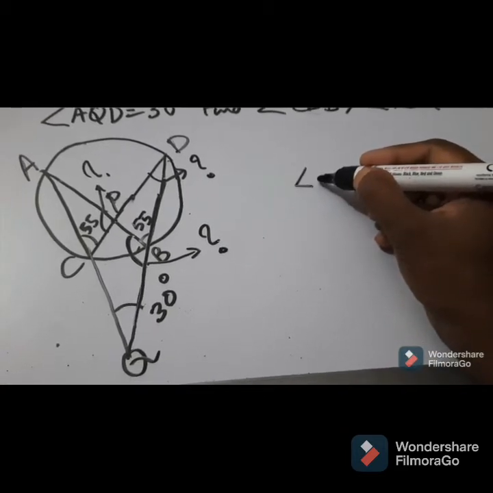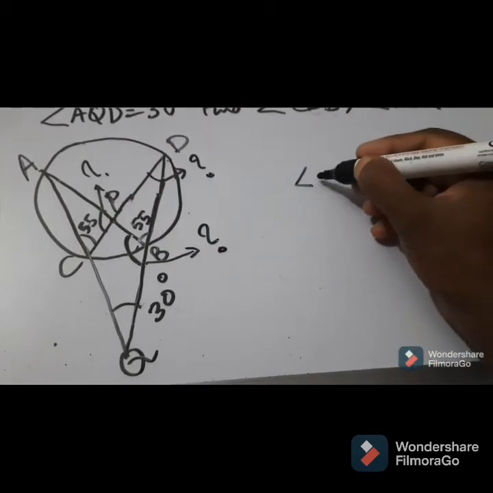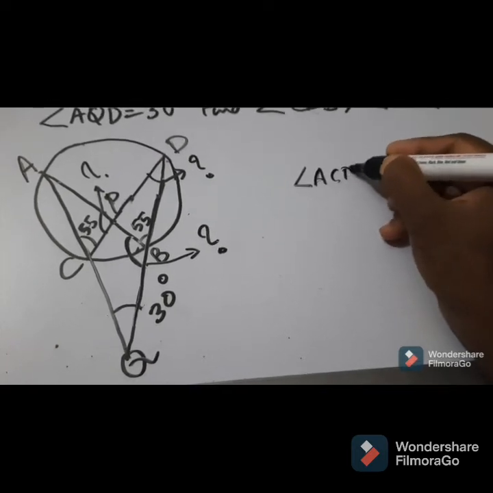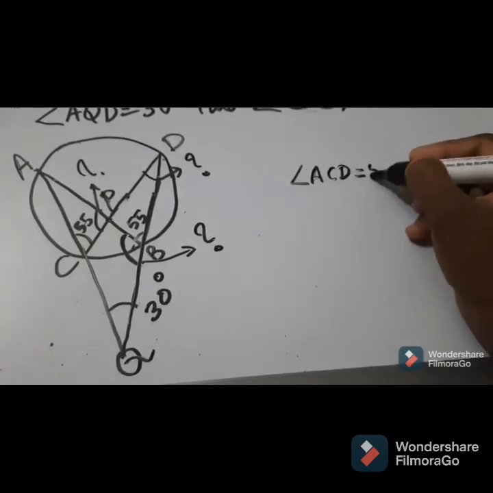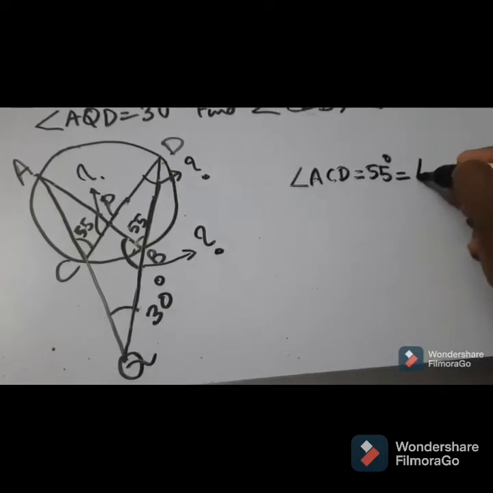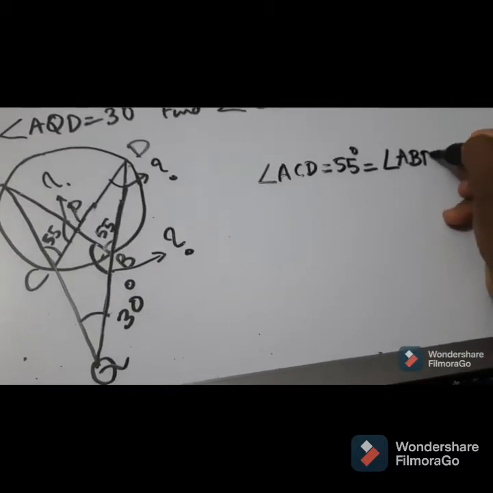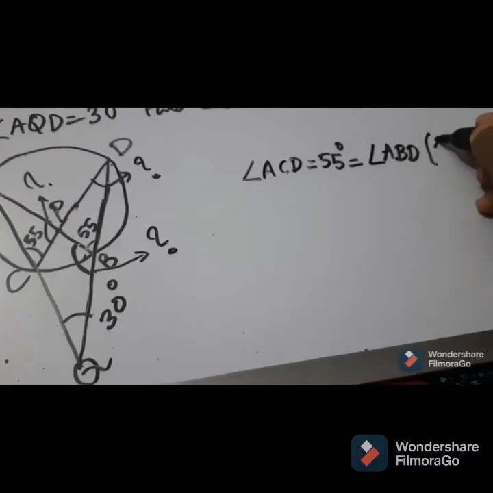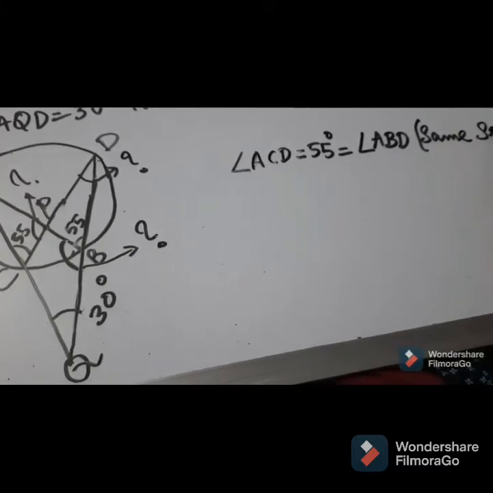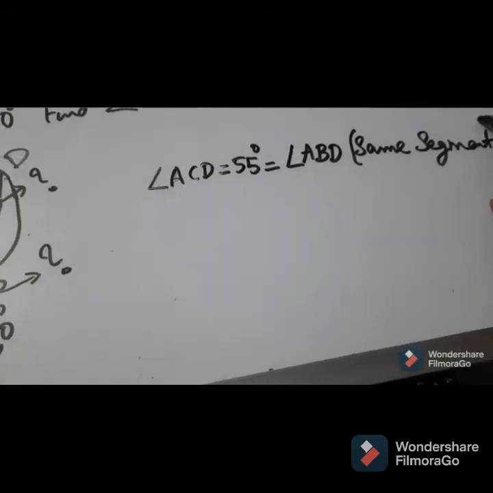First step we can write these two are equal. That is angle ACD is equal to 55 degrees, that is equal to angle ABD. We can write the reason: angles in the same segment are equal.